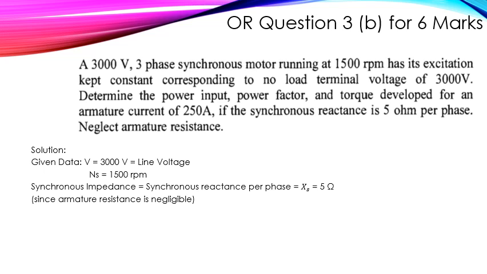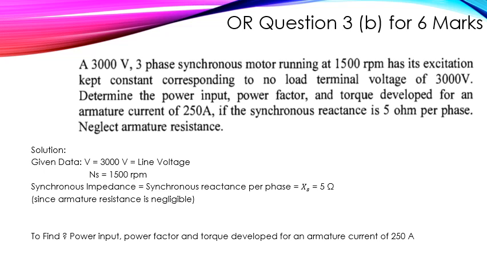Then the synchronous impedance is equal to the synchronous reactance per phase, and that is 5 ohm. Why? Because armature resistance is negligible. What we have to find here? We have to determine the power input, power factor and torque developed for an armature current of 250 amperes.